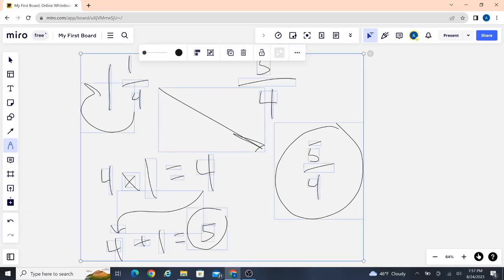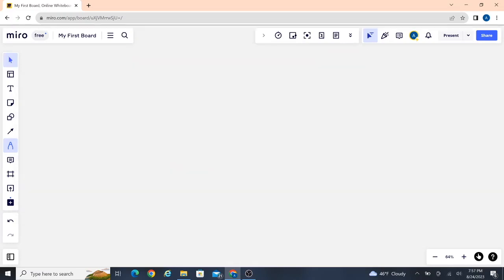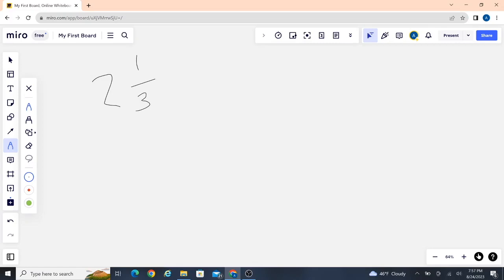Let's go through a couple more examples so we can really start to solidify this concept into our heads here. All right, let me select my pen again here. Let's say I'm given 2 and 1/3, and I want to convert this into an improper fraction. Again, our steps are still the same.